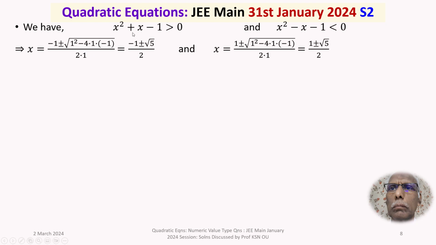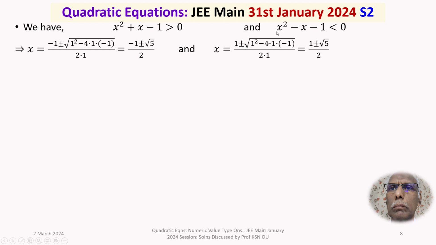Substituting the appropriate terms, you will get two roots, minus 1 plus or minus root 5 by 2. One you call alpha, that is minus 1 minus root 5 by 2, and the other is beta, minus 1 plus root 5 by 2.